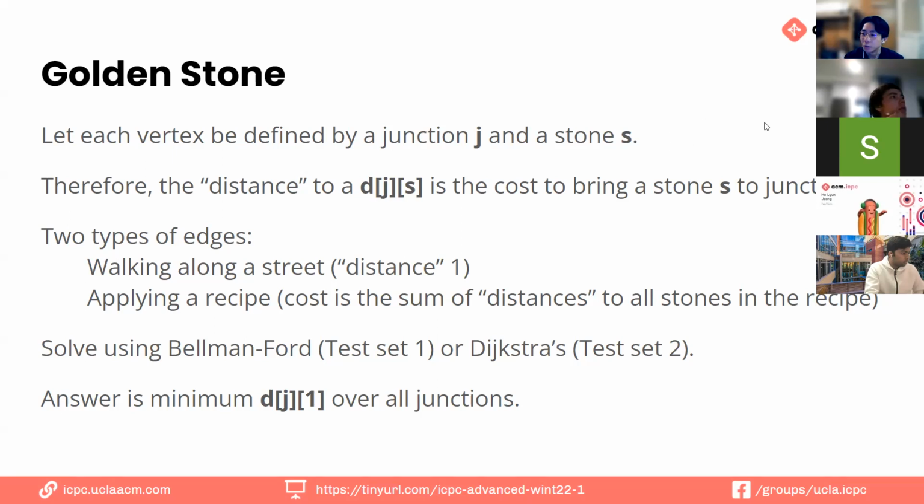Okay. So I'm still stuck. Let's say you're saying we do all the movement edges first in one pass, and then all of the recipe edges in another pass. Doesn't that assume that movement is always better than recipe if you can do it? But that might not be true, right?